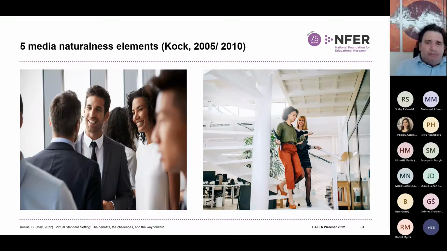Now, again, according to Kock, there are 5 media naturalness elements that characterize natural communication amongst participants. These are, on the left-hand side, the participants' ability to share the same environment, allowing other people to see and hear. That's co-location. Or, on the right-hand side, exchange verbal cues quickly.